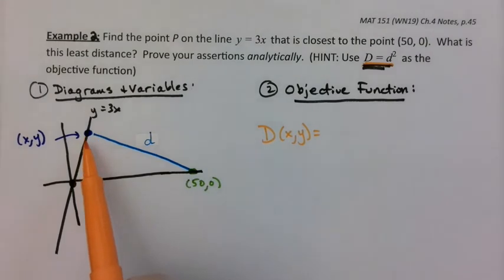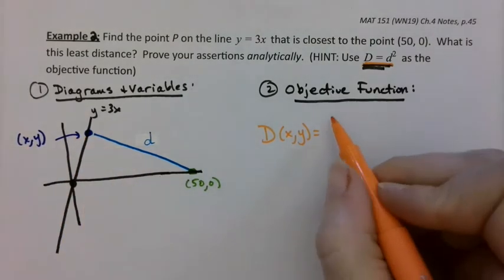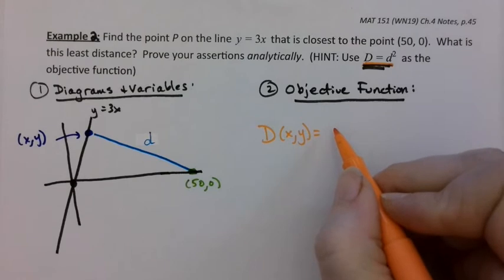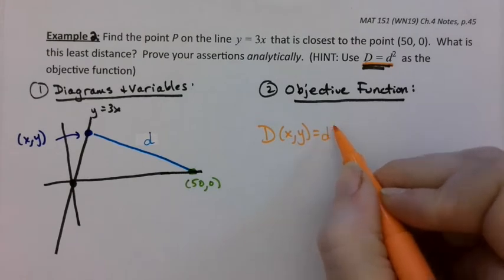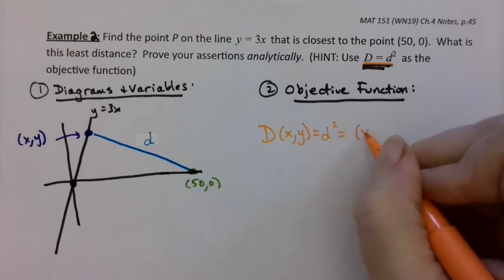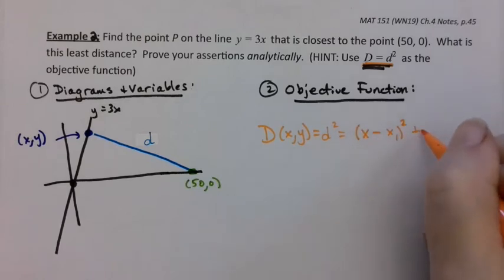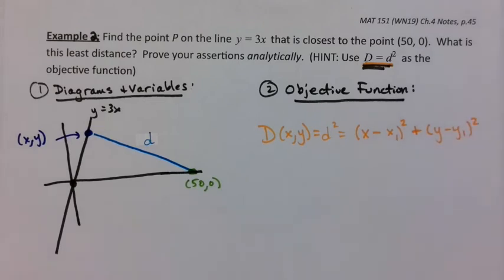So capital D of (x, y) is the distance squared. So if you think this is x and then this is x1, you learn this in algebra class. So distance squared is x minus x1 squared plus y minus y1 squared, right? Where x1 and y1 are the points and x, y are the other points, and then you go from there.